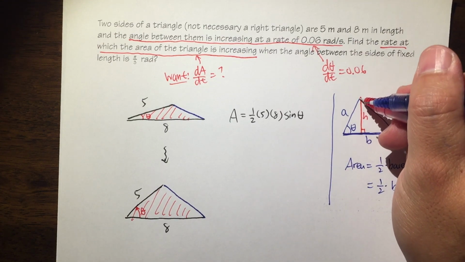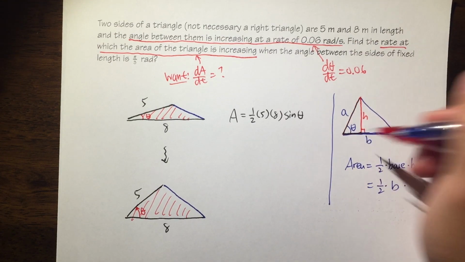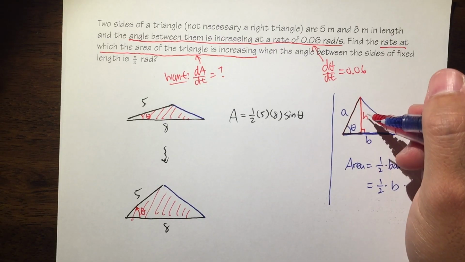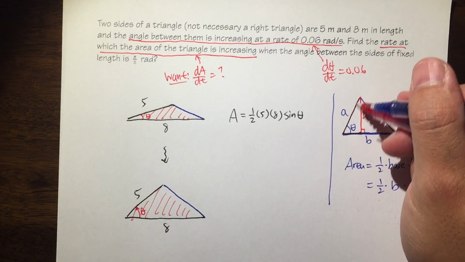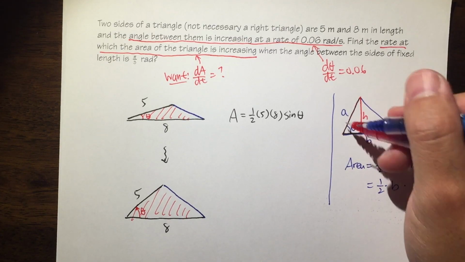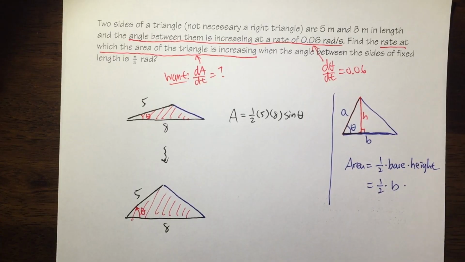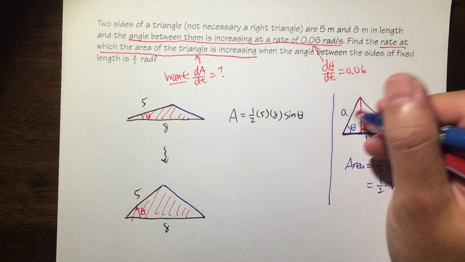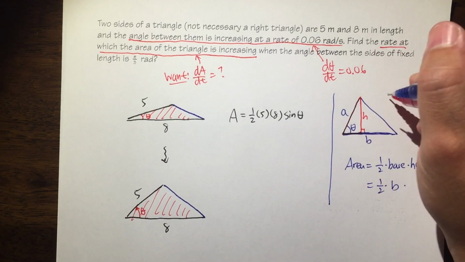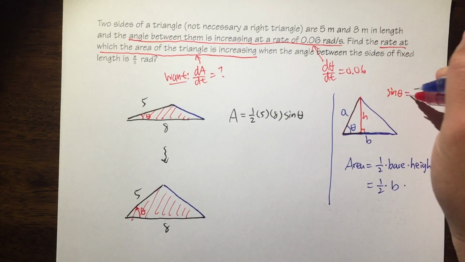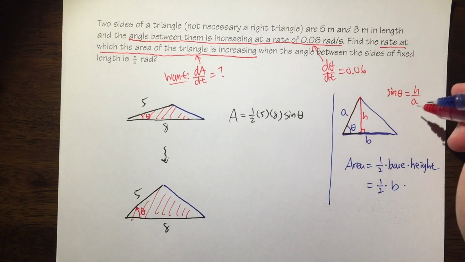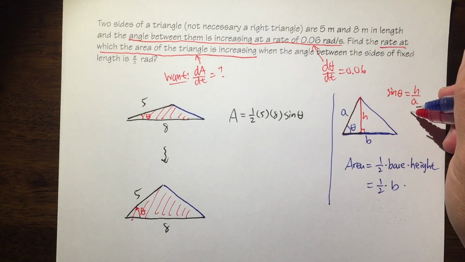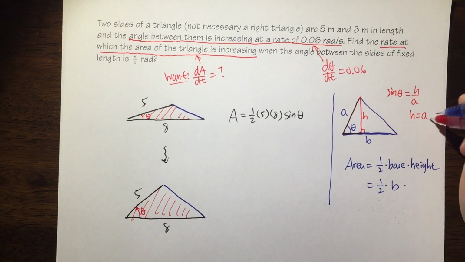Now, if we look at this triangle in red, A and H and theta, the H right here is the opposite side of theta, and the A is the hypotenuse of this triangle in red. So we can use sine to connect the three variables. We know sine theta equals H over A. Of course, we can multiply both sides by A, and we get H equals A times sine theta.